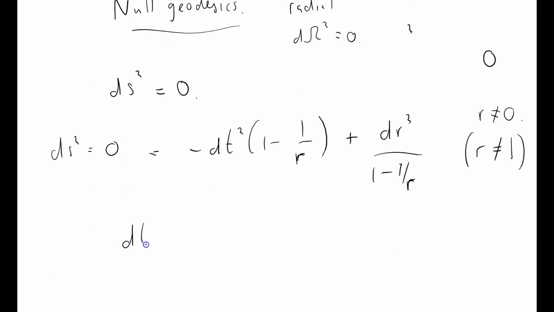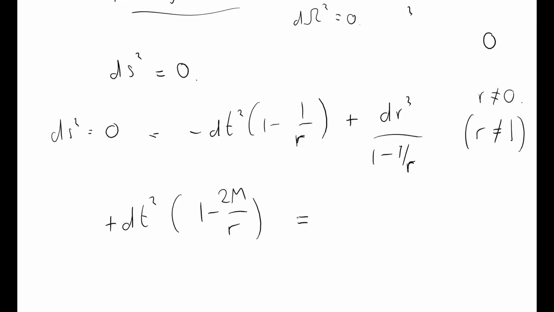So that tells us that, taking it over to the other side, plus dt squared times 1 minus 1 over r equals dr squared over 1 minus 1 over r. Of course, if you want to use geometrized units, you can say 2m if you really want to. Oh no, it's not 1, it's 2m.